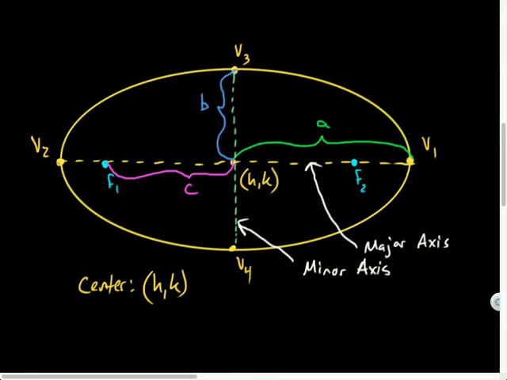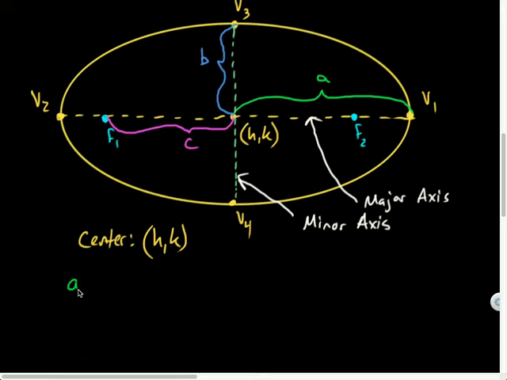Okay, and it turns out A, what do you think A is compared to the length of the major axis? Exactly half of it. So A is also referred to as the length of the semi-major axis. All right, and B is going to be referred to as the length of the semi-minor axis. Sorry.